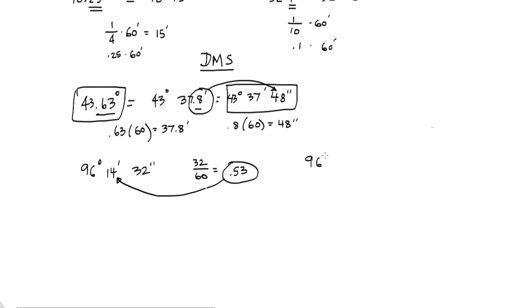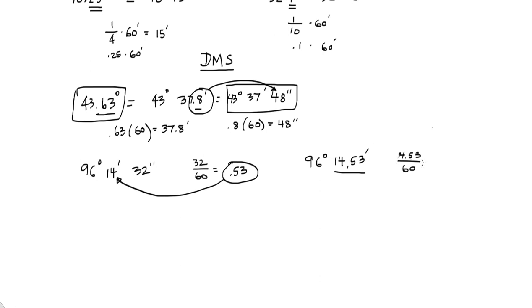So we're now at 96 degrees, 14.53 minutes. Now what do we do? Take this and divide it by 60, and that will tell us how much of a degree we have, because there are 60 minutes in a degree. 14.53 divided by 60, it's around a fourth, isn't it?